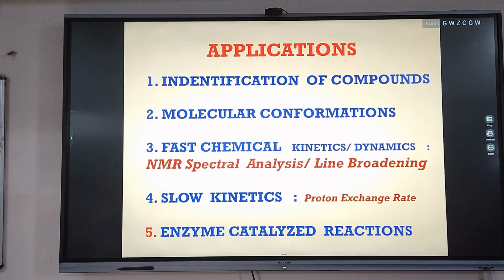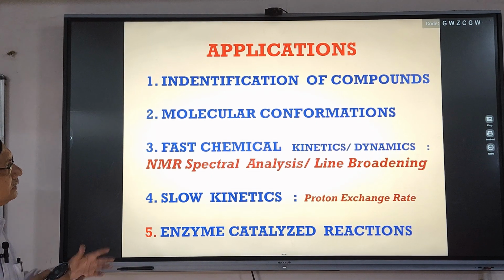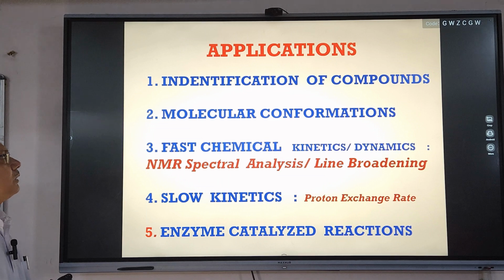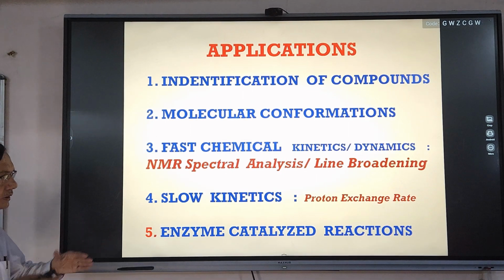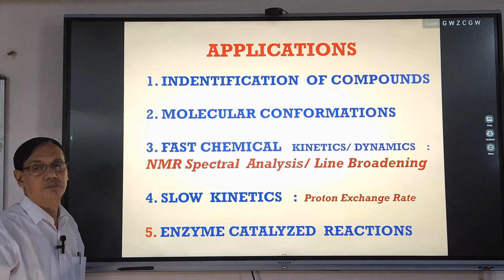Basically, if you want to know the most important application of NMR spectroscopy, it is of course identification of compounds, molecular conformations, but if you see your course content, there is a unit that is called the fast reactions.